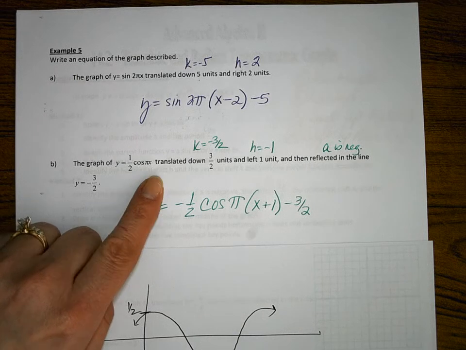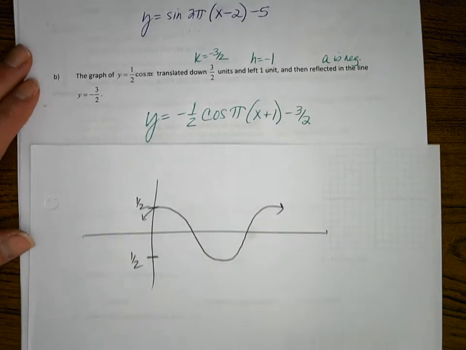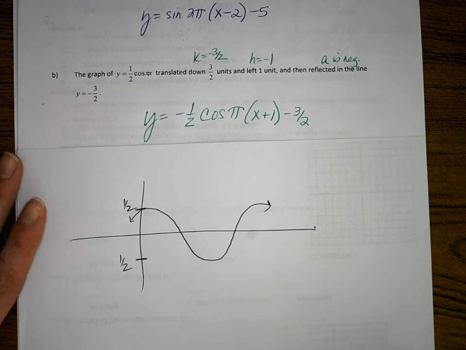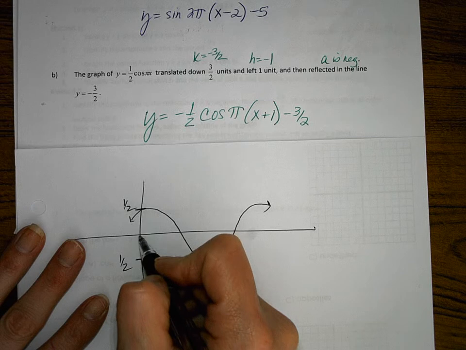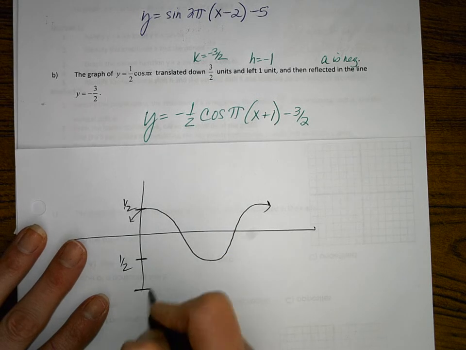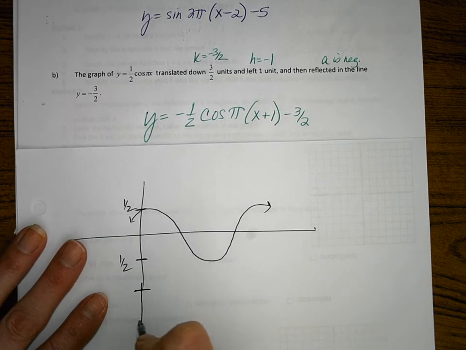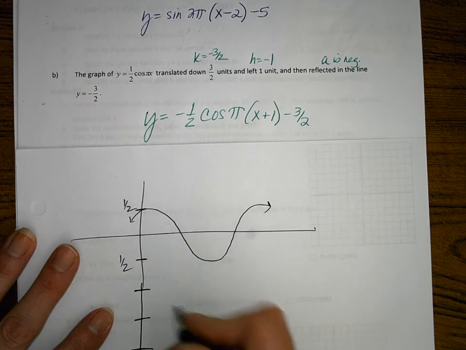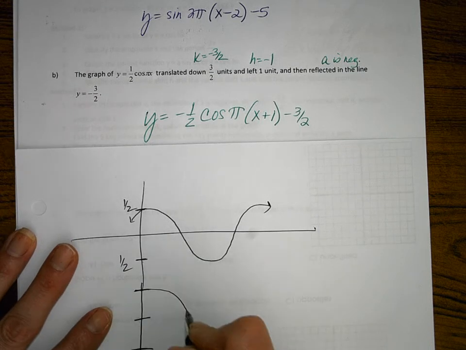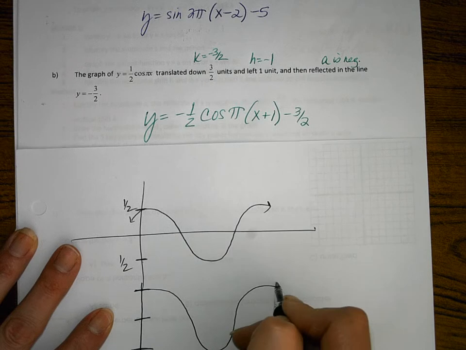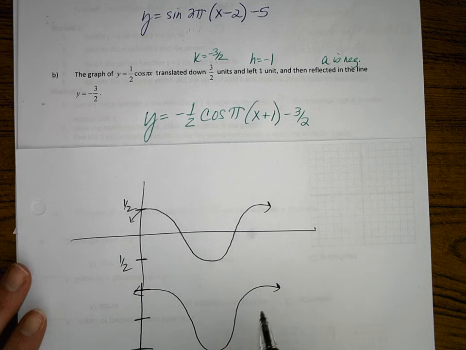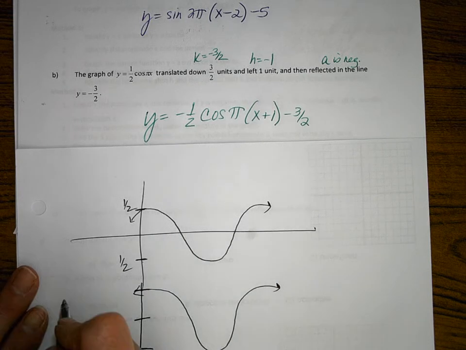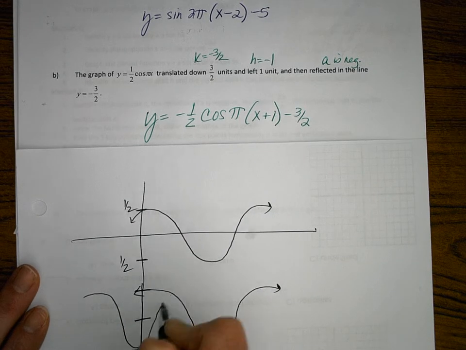Now, they translate it down 3/2, so down 1.5. So now it's right here, and then they shift it left 1. If I shift it left 1, it's going to be over here. I don't know if this is accurate or not, but it's going to be over left 1.